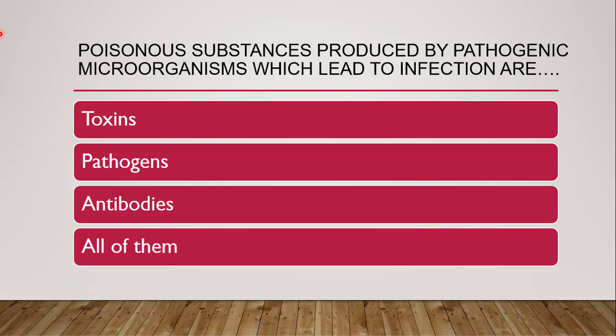Next question is, poisonous substances produced by pathogenic microorganisms which lead to infection are, whether they are toxins, pathogens, antibodies or all of them. The correct answer is toxins, because toxins are the toxic substances produced by the microorganisms which are responsible for the infection.